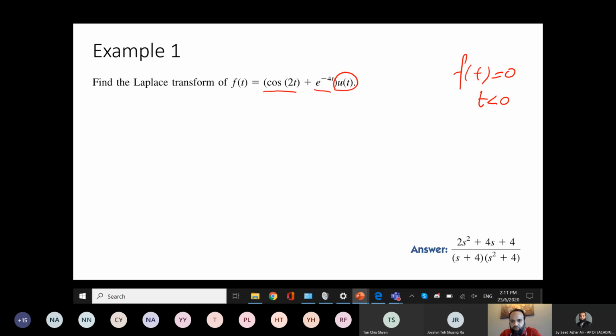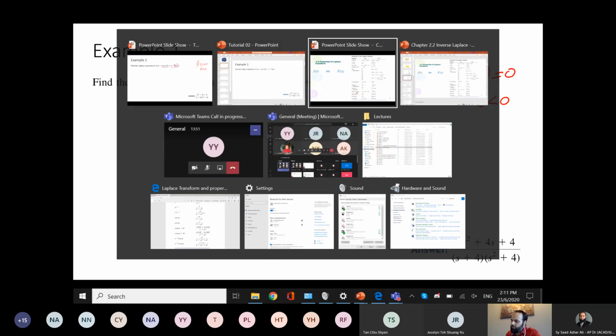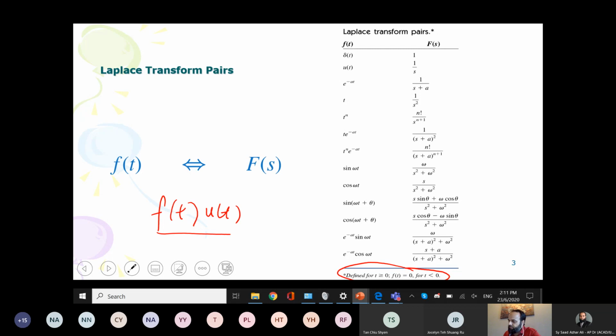If we look at the tables here, we have these functions available, like cos omega t and e to the minus something t. We'll make use of these, but they are not exactly there as they are, so we have to see how we can make use of the tables.